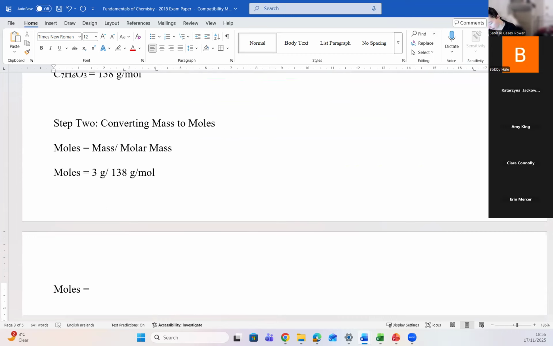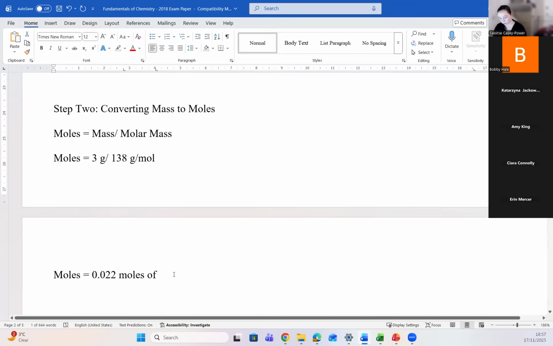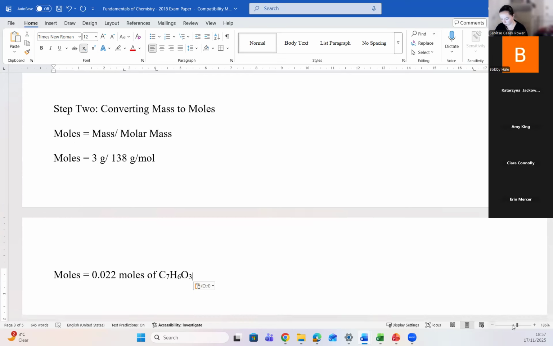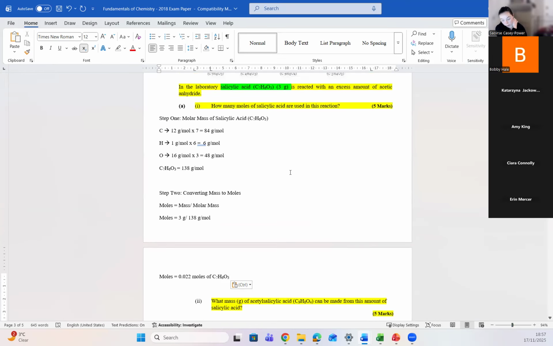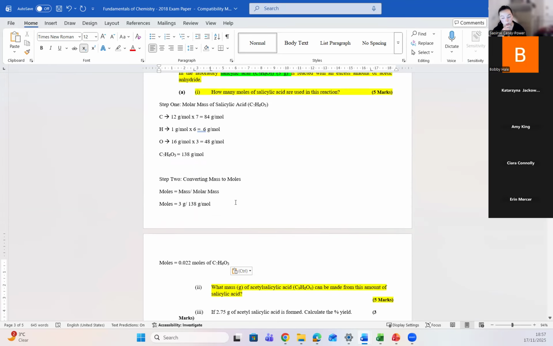Is everyone getting a final answer of, we'll say, 0.022? Yep. And that is our C7H6O3, and that's the final answer for that one. That didn't ask us to go any further for that question.